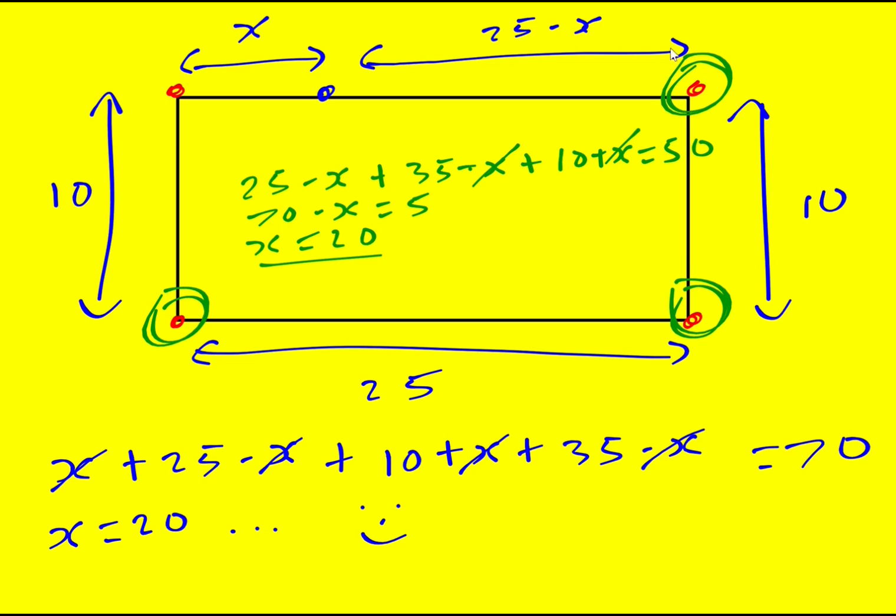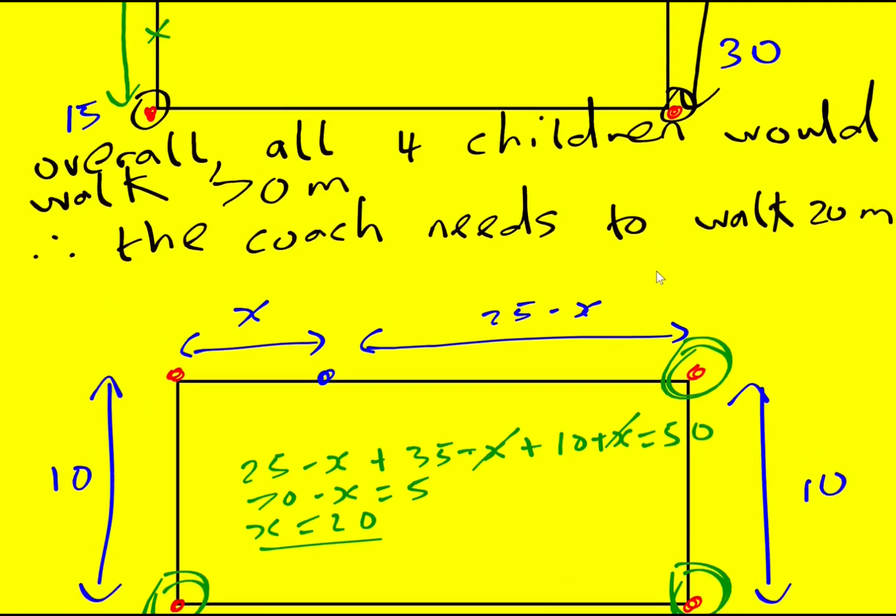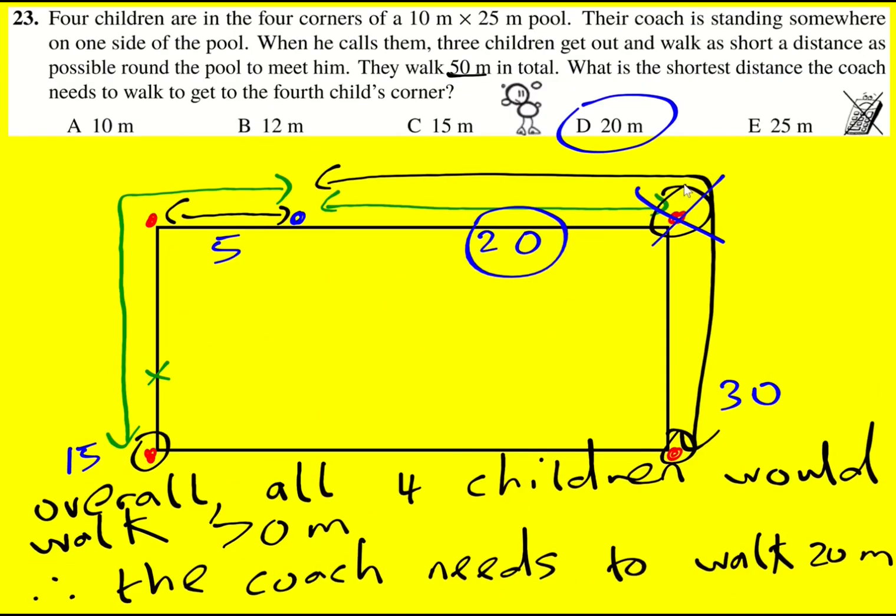So that's what I mean by a flaw. It still works, but if we're being thorough, which you don't necessarily need to be in this competition, sometimes it can lead to mistakes, especially because it's talking about the shortest distance. Now it's actually referring to the best path, not going around the long way, like if you want to go to this person going around this way. That's what it means by the shortest path.